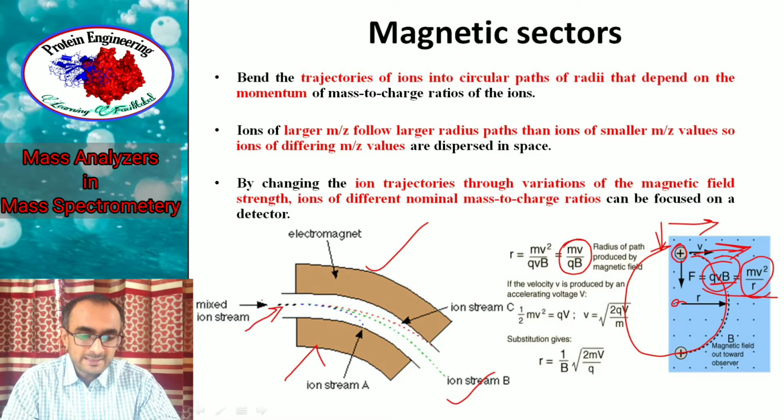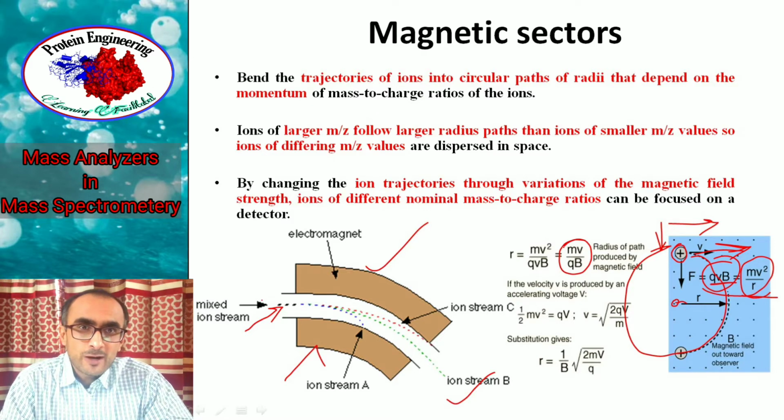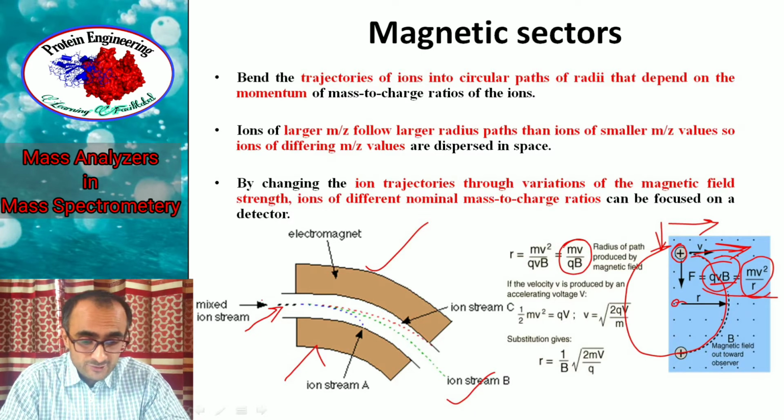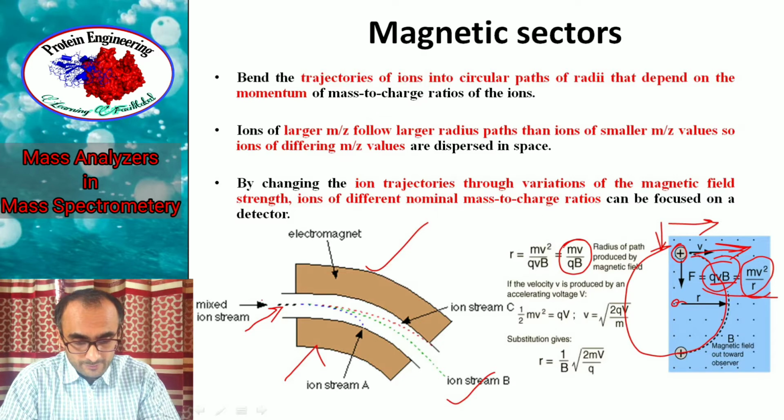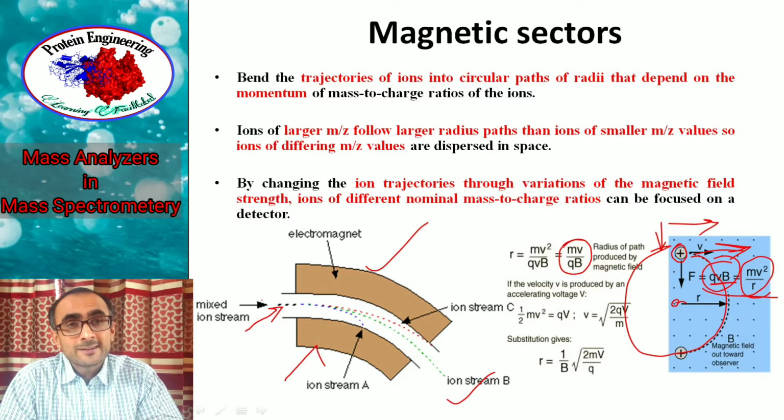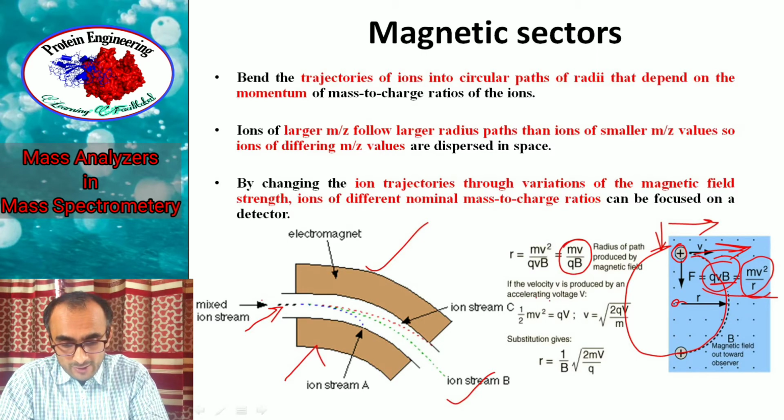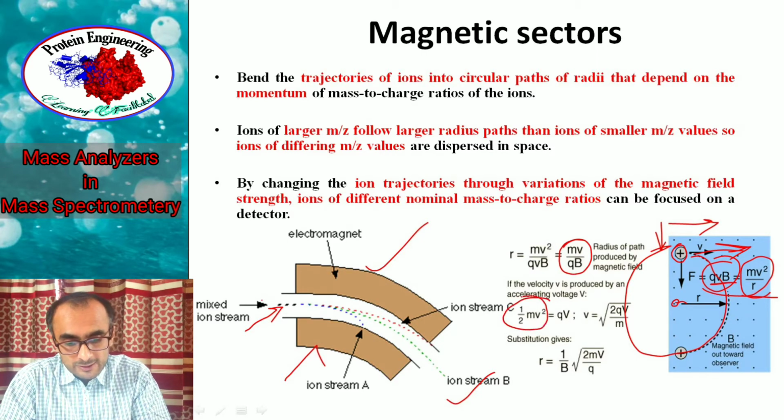The radius basically tells you how much deflection an ion undergoes under a certain magnetic field. A smaller radius means stronger deflection, and a higher radius means lesser deflection in the magnetic field. Because these ions are also accelerated, the kinetic energy, half mv squared, would be equal to qV, where q is the charge on the ion and V is the voltage applied from outside.